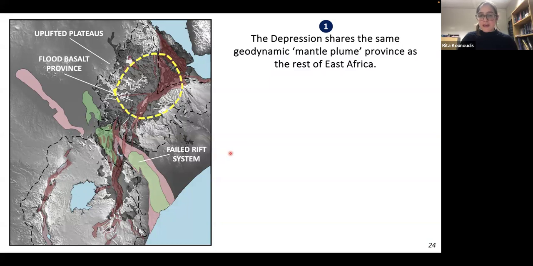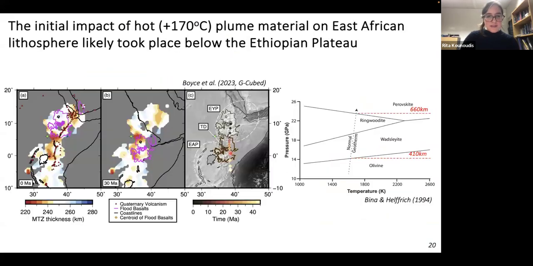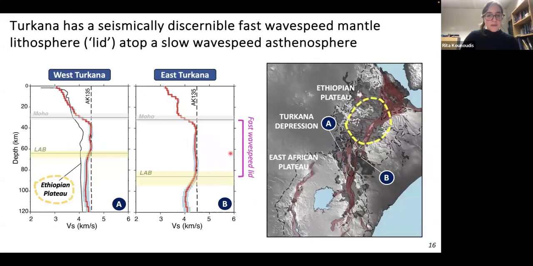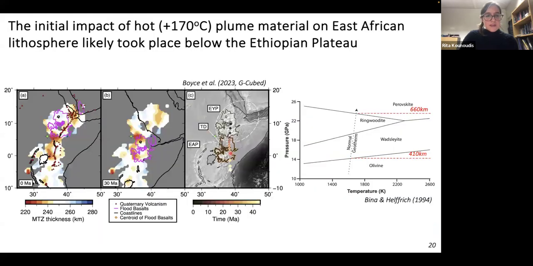Yeah, so I mean that's quite a long time ago, from the Reunion anomaly, whereas this might be a lot more recent. So we're making an assumption here, essentially, that where the thinnest mantle transition zone is today, and where the plume likely is today, is probably where it was 30 million years ago, when the flood-basaltic province first developed.